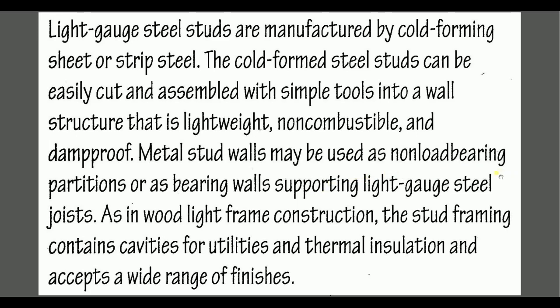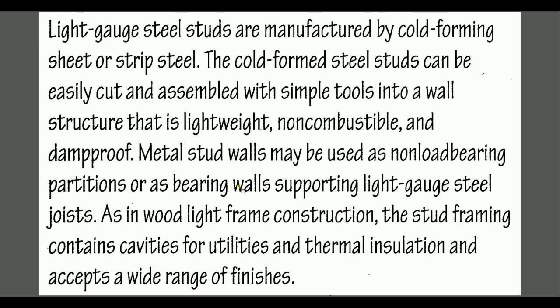You can use it as the load bearing wall or the non-load bearing wall, or the non-bearing partition wall, or as the bearing wall supporting the light gauge. The bearing wall looks the same as the wood construction, they just have a different stud. The stud is a C channel. On the C channel, they put the sheathing, they put the drywall.